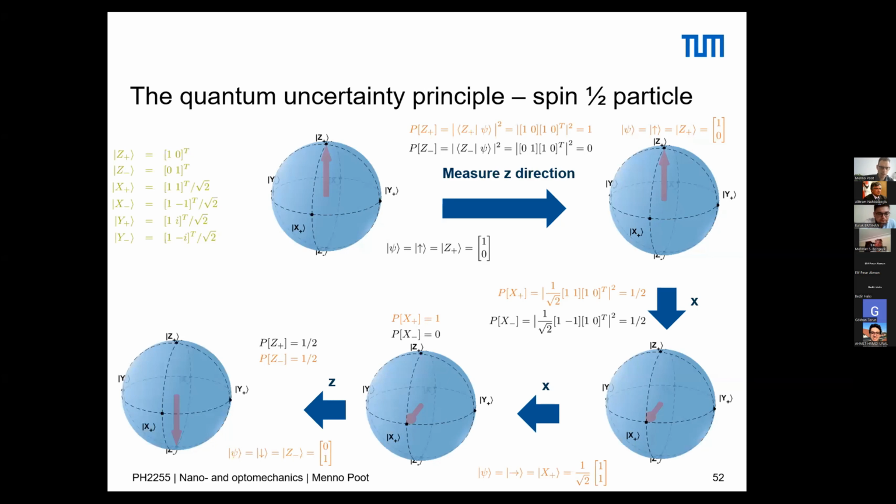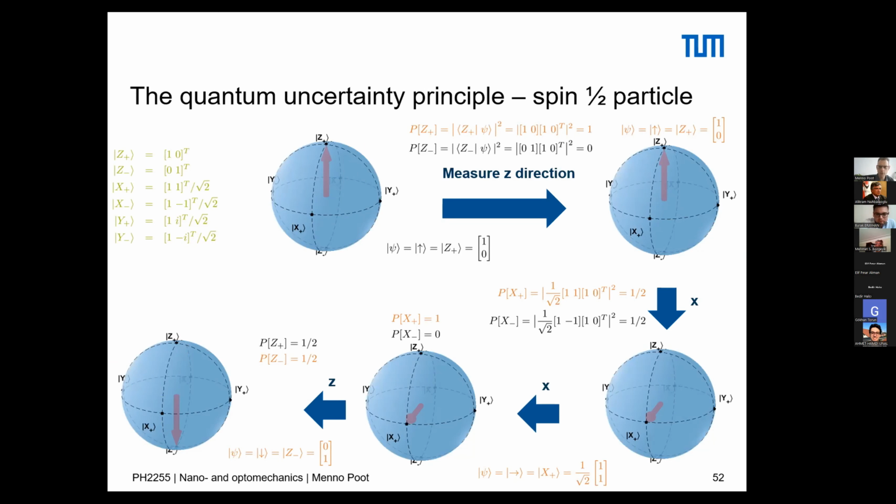So the thing is that by doing these measurements in different directions on our spin 1/2 particle, that is on our qubit, then in this case, we actually have uncertainties, and actually we have also changed the wave function from the initial one to a different one by doing those measurements.